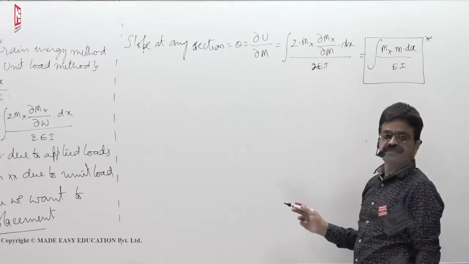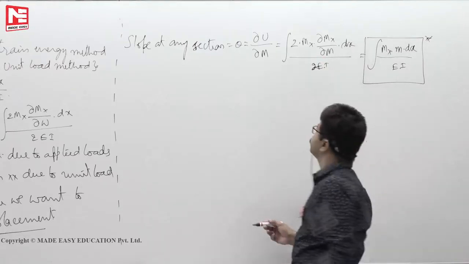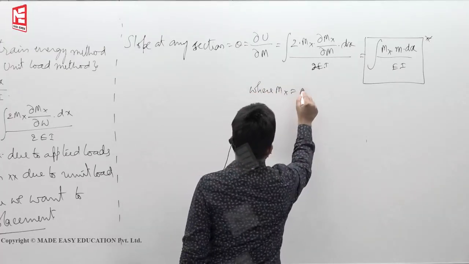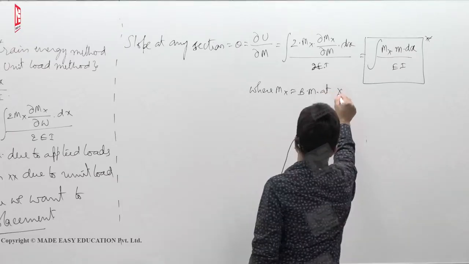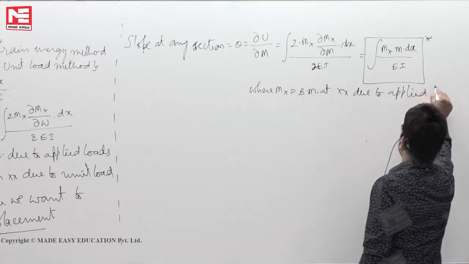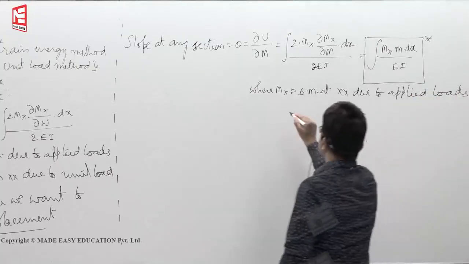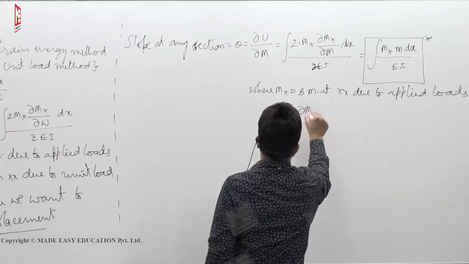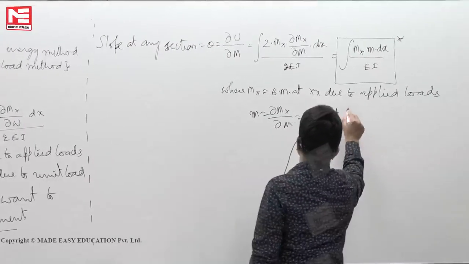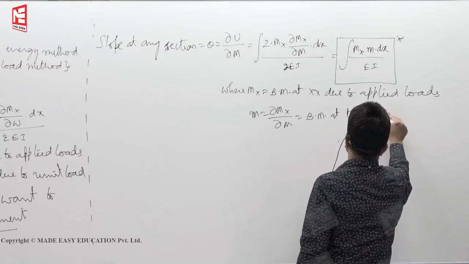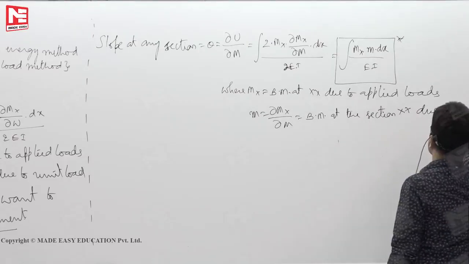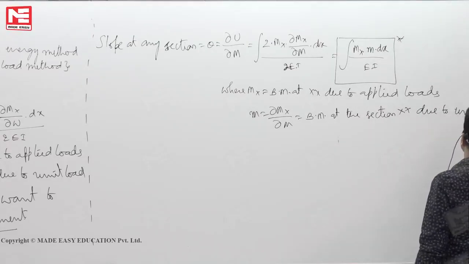m is because of a unit moment, where here Mx stands for bending moment at xx due to applied loads. m means ∂Mx/∂M, whose meaning is bending moment at the section xx due to unit couple.